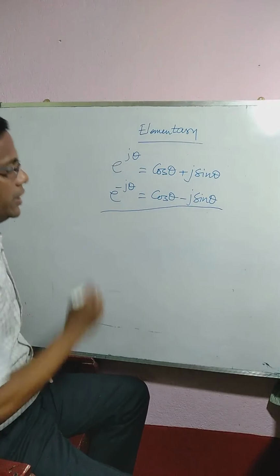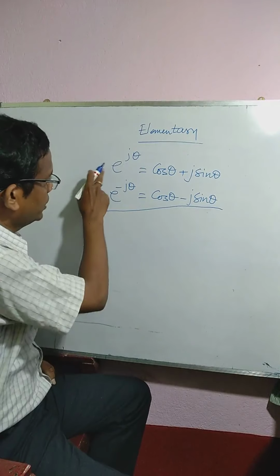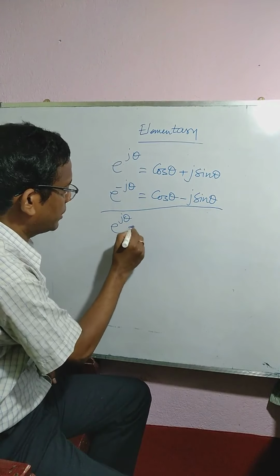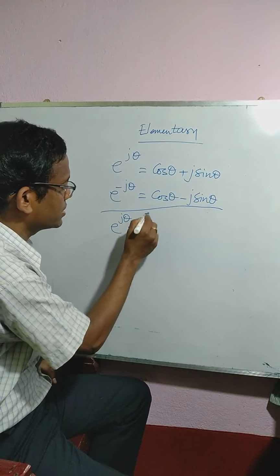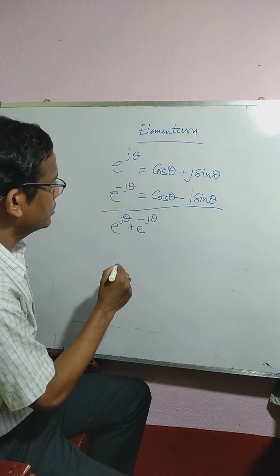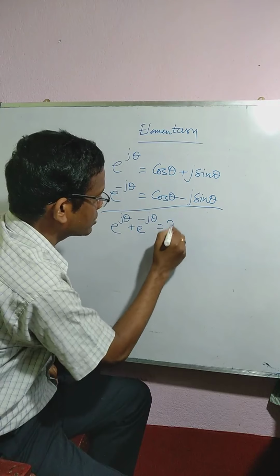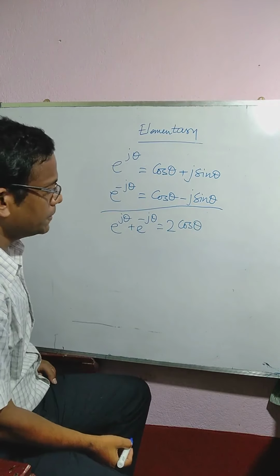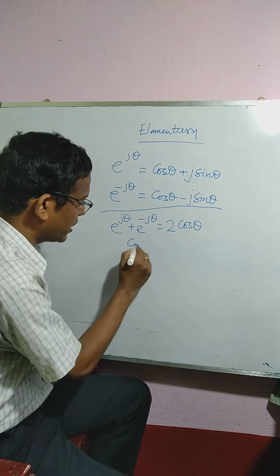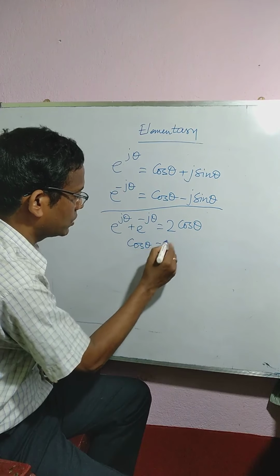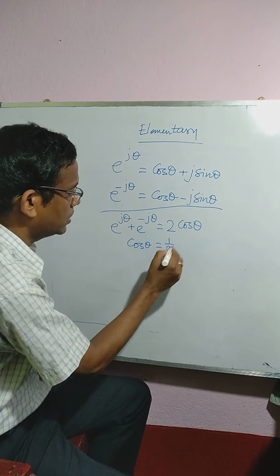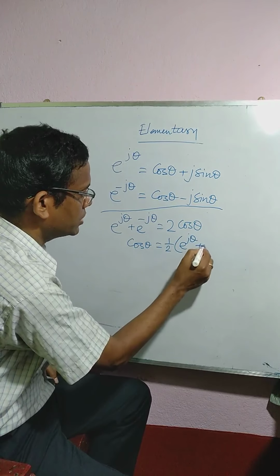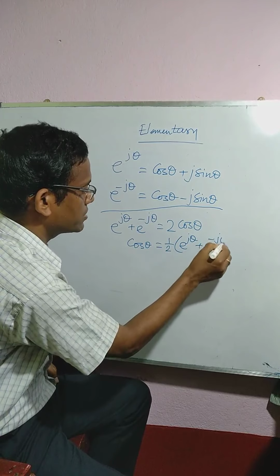From this, what we get, if we add these two signals, e to the power j theta plus e to the power minus j theta? We get 2 cos theta. Therefore, we can write cos theta equals half of e to the power j theta plus e to the power minus j theta.